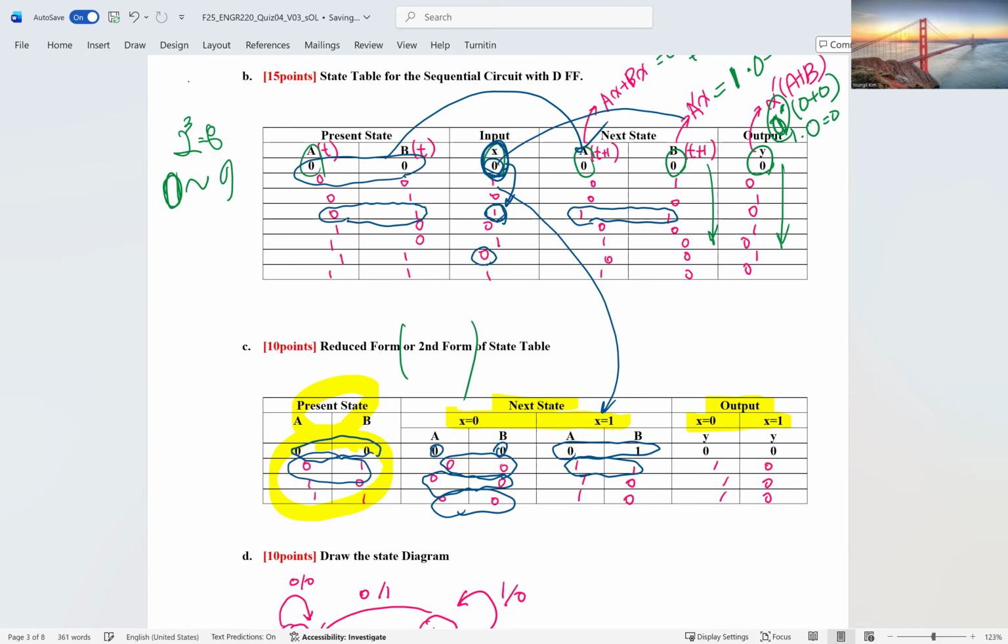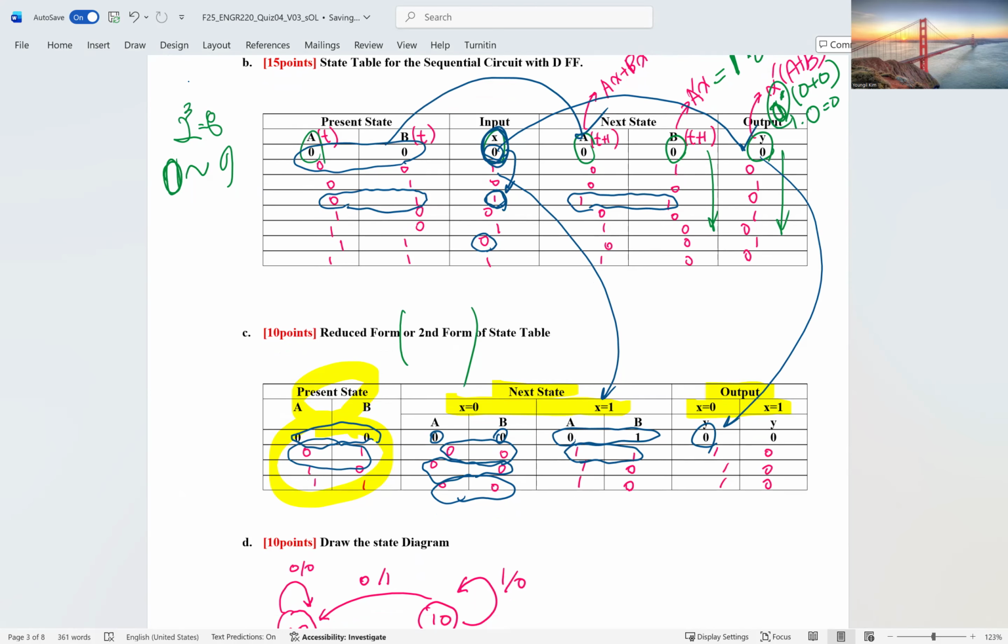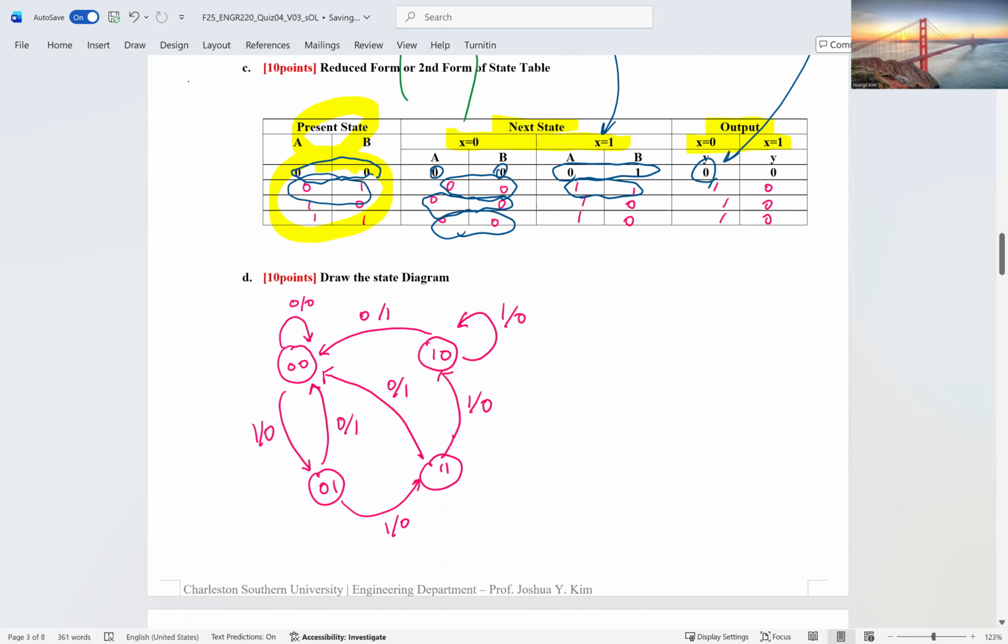The Y is what? 0. Okay. So if you just track and follow the condition for X and Y, from the present state to the next state, you can just find it. That does not require a complex equation.